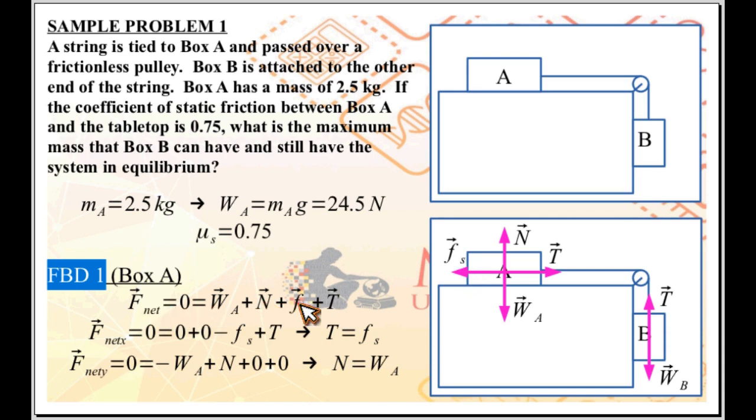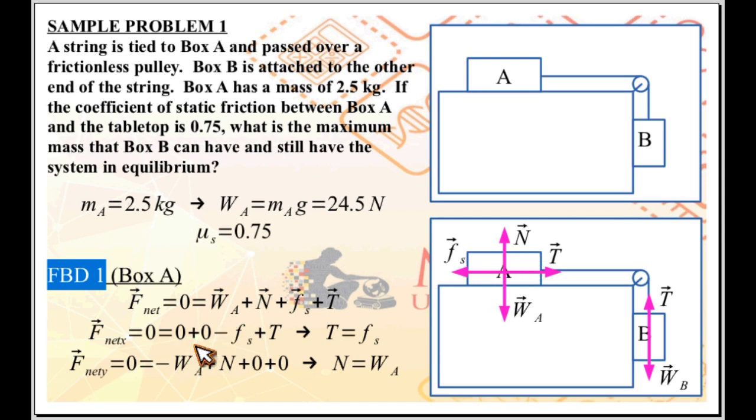And because these forces are vector quantities, we use the component method to analyze the summation. So we have X component and we have Y component. X component of F net, you have F net X. X component of 0 is 0. Weight A and normal force are both vertical.